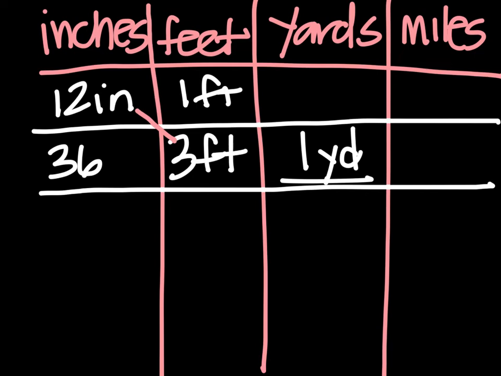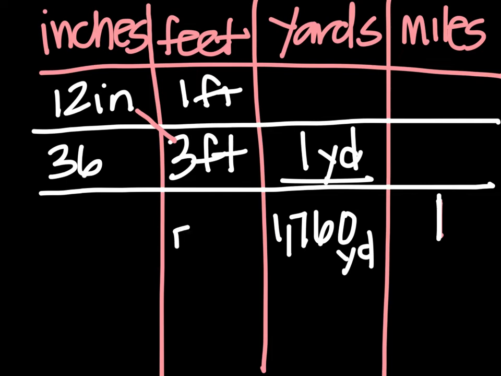We also know that in 1 mile, we have 1,760 yards. So if I was going to figure out how many feet, I would multiply that number by 3. 1,760 times 3 is going to give me 5,280 feet.